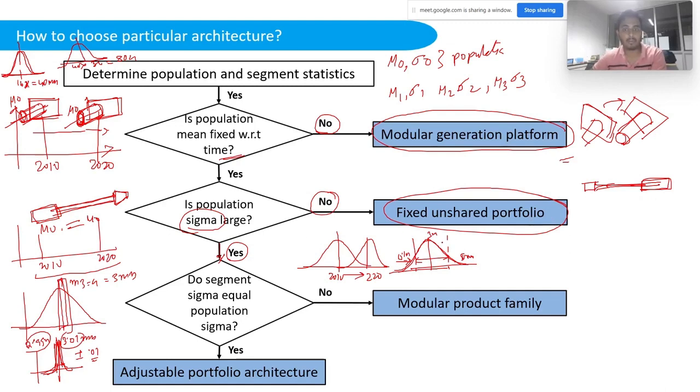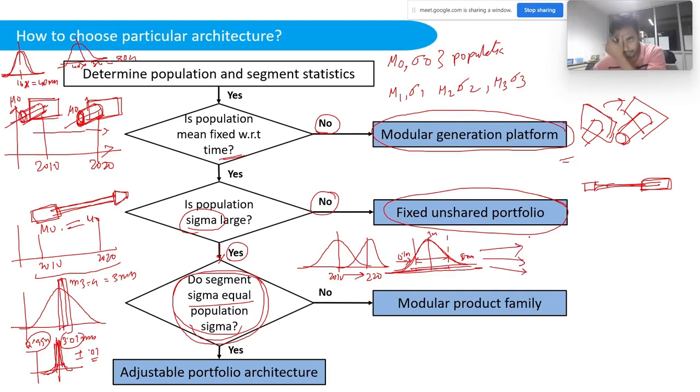But for a product where we have such variations, we need to check the next checkpoint. Then we ask: does the segment sigma equal the population sigma? Now, this is a measure for the entire population, so this population may have different variations.